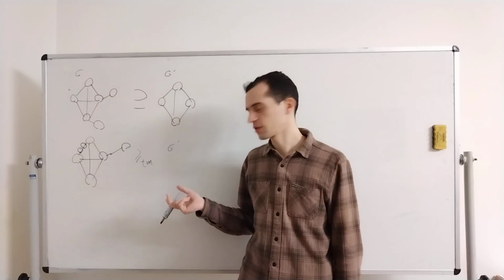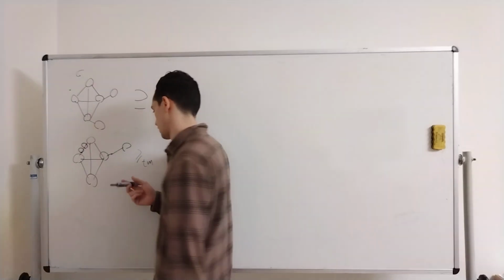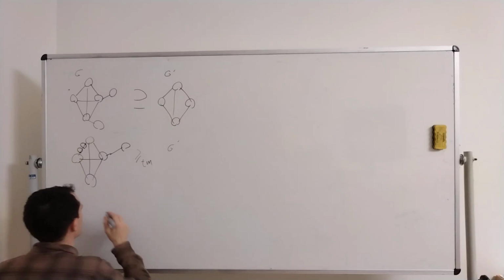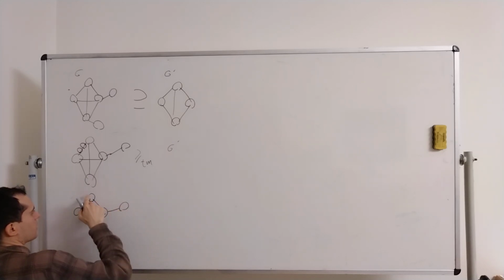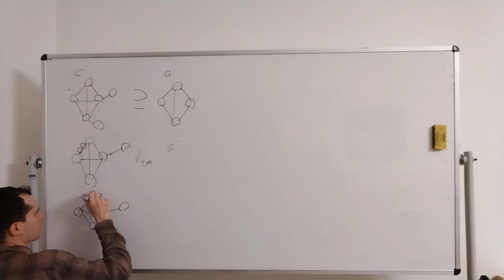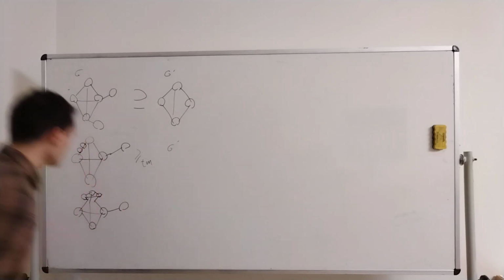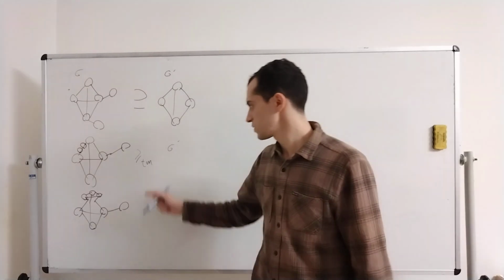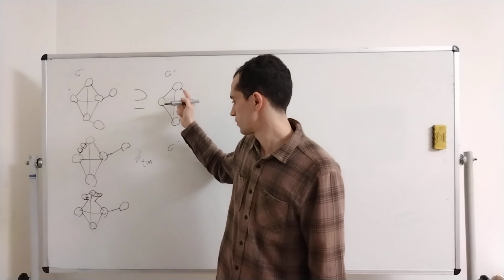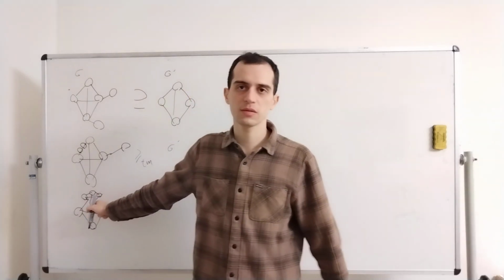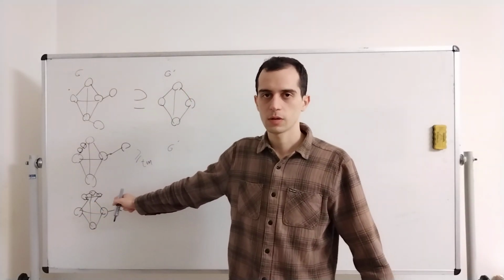And somebody might take this a step further and say, okay, look, let's say that here, instead of a vertex, we have some kind of connected component that neighbors all the vertices that G prime neighbors. Then we can treat it like a big node, right?